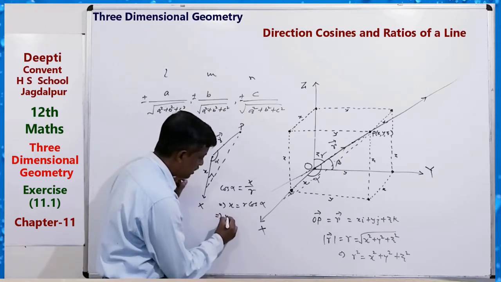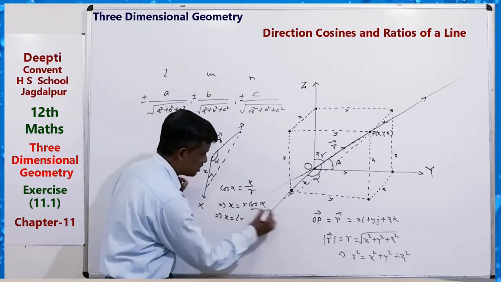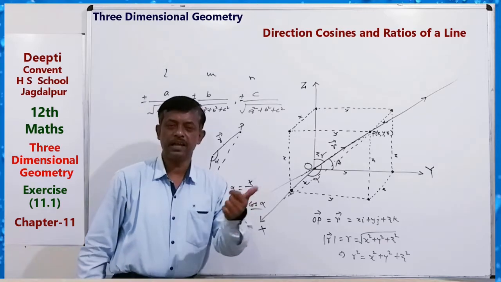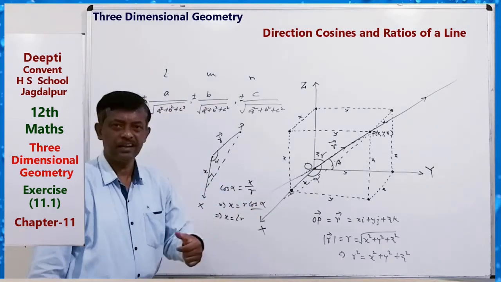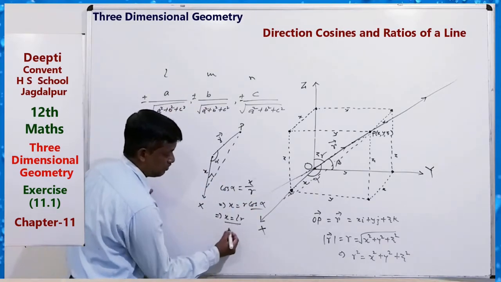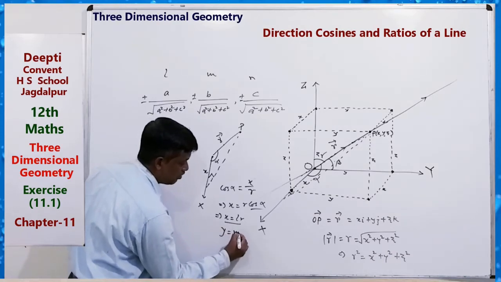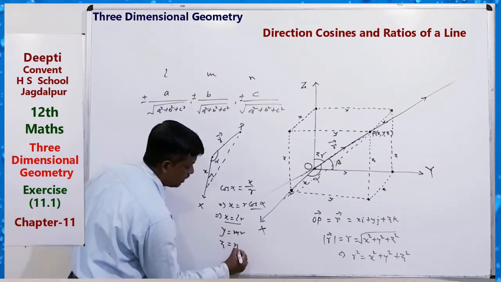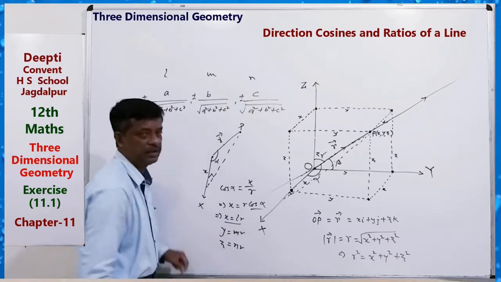So we see that x equals L R, where L is cos alpha, M is cos beta, N is cos gamma. Similarly, y equals M R, and z equals N R. That is x, y, z are L R, M R, N R.